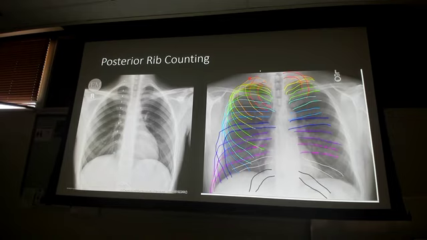On top of that, where are all these ribs connecting to? Vertebrae. Right? Our posterior ribs connect directly to the vertebrae. Where do the anterior ribs connect to? The cartilage. Is cartilage well seen on x-ray? It's not.